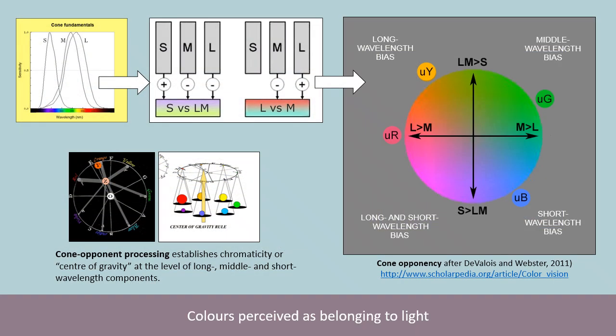Our visual system computes the balance of spectral composition of a light at the level of its long, middle and short wavelength components by the process of cone opponency. But cone opponent processing can only determine the overall distribution of power among these three components and not which individual wavelengths are present.